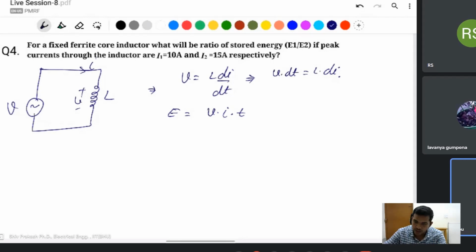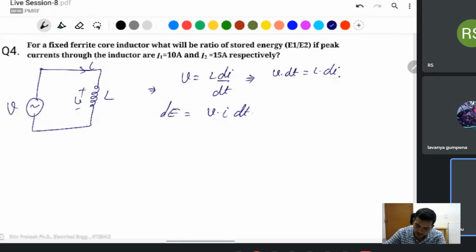We want to calculate total energy. If the current is not constant and the voltage is also not constant, that's why we take an integration: a small change of energy and a small change of time, then integrate.